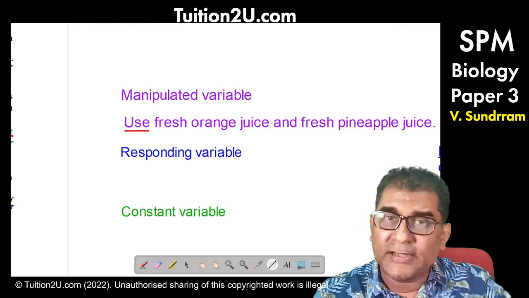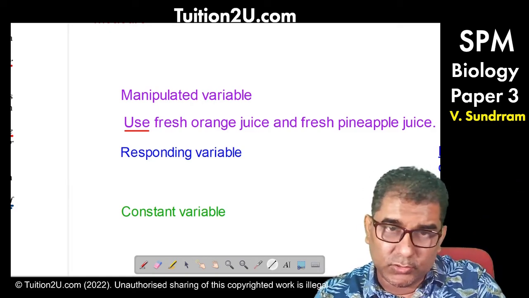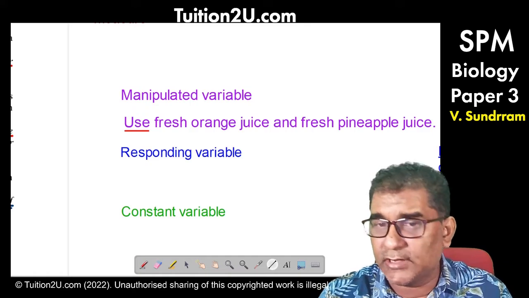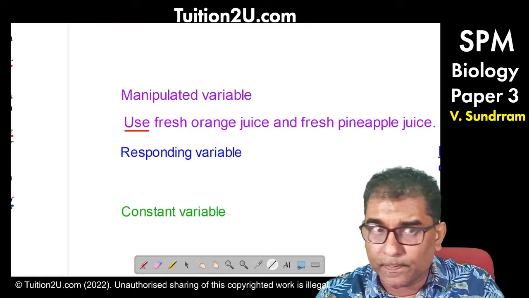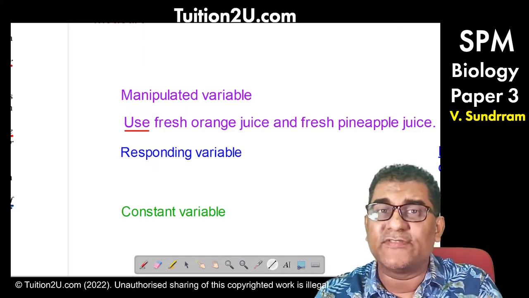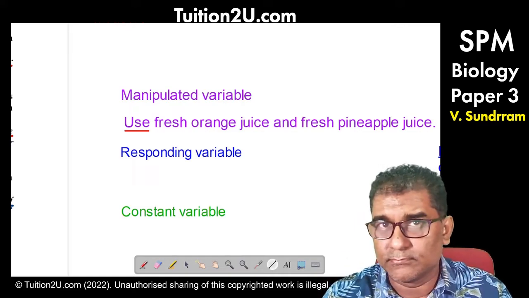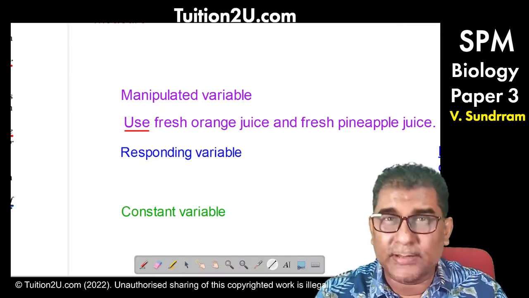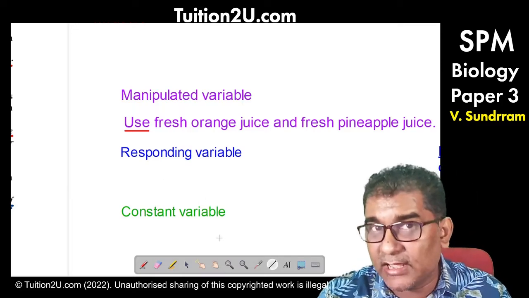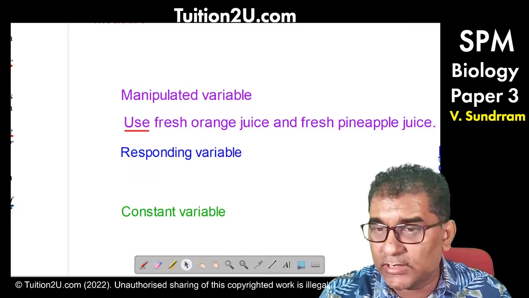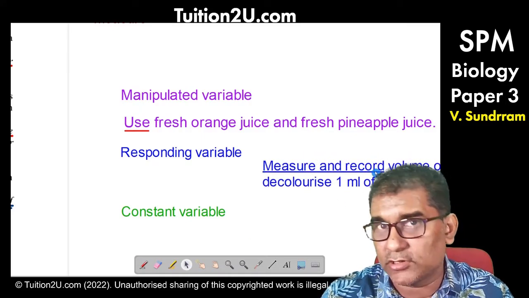I like to mention what I'm using. So use fresh orange juice and fresh pineapple juice as the manipulated variable. You can just write use different types of juice. Okay, correct. But as I mentioned, I prefer to write what I'm using. For the responding variable, you must have the words measure and record.